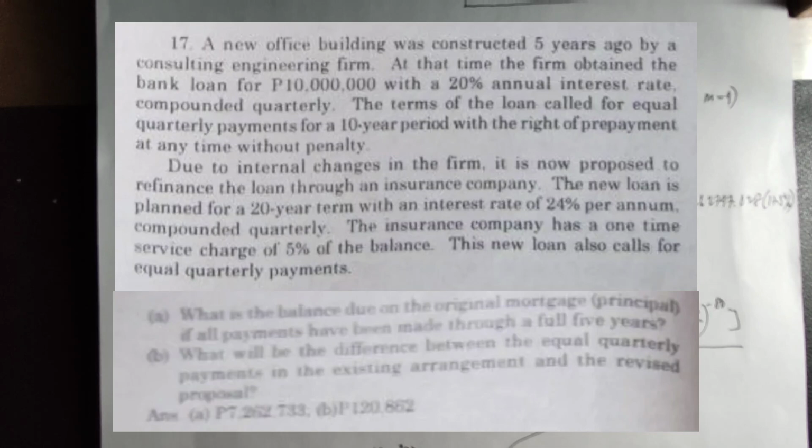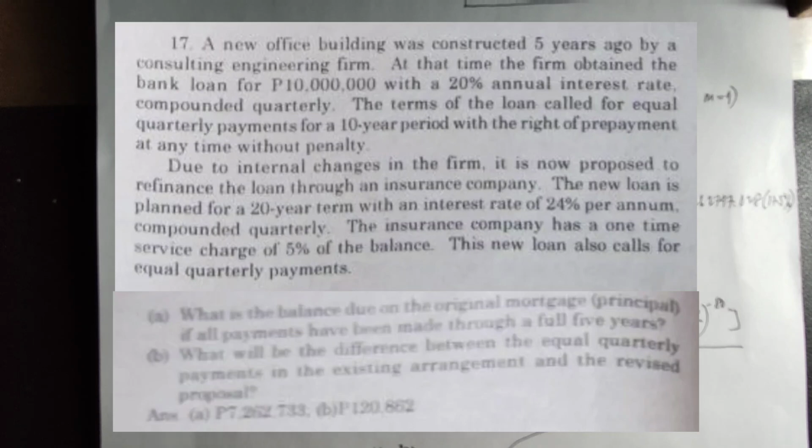Due to internal changes in the firm, it is now proposed to refinance the loan through an insurance company. The new loan is planned for a 20-year term with an interest rate of 24% per annum, compounded quarterly. The insurance company has a one-time service charge of 5% of the balance. This new loan also calls for equal quarterly payments.